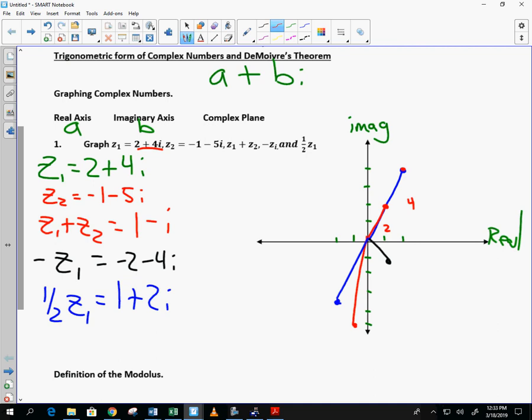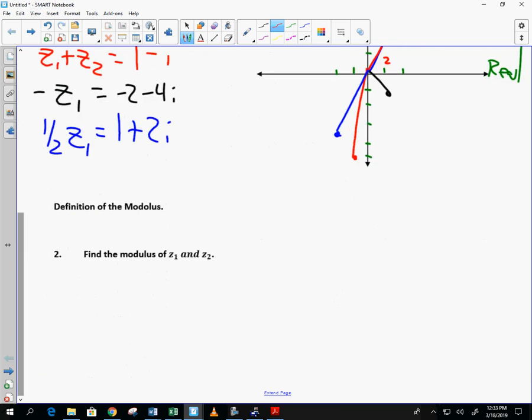Exactly, and that's why the complex numbers, you're like, why are we talking about complex numbers? I thought we were doing trigonometry. Well, they tie right into trigonometry because it's based around the Pythagorean theorem. So the definition of the modulus is the distance from the origin.